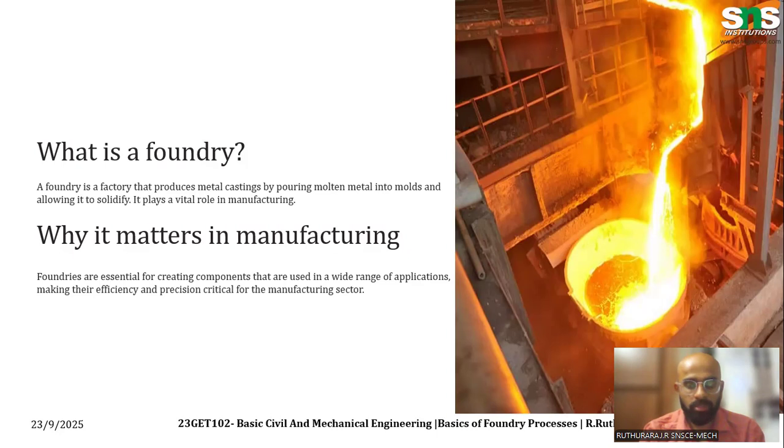You can use coal, you can use wood, you can use gas, even you can use electricity. The same principle applies to this furnace itself. Only thing is it is a scaled up version. It is used to melt metal. A furnace is a large scale stove which is used to melt metal.